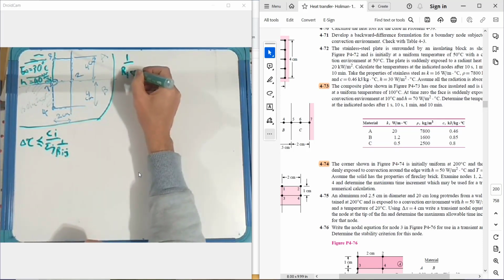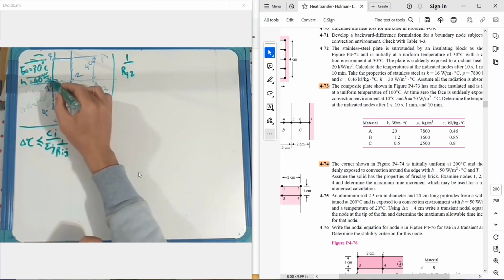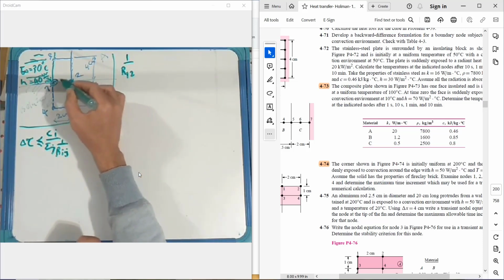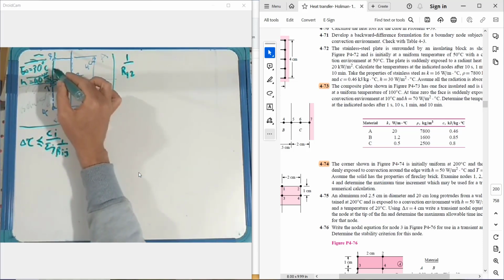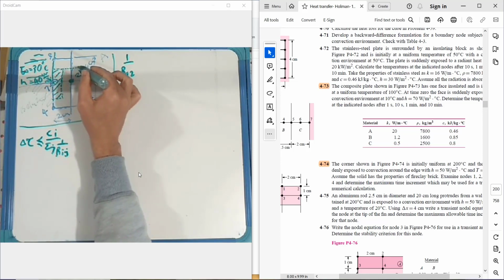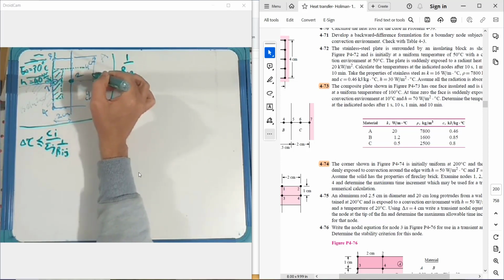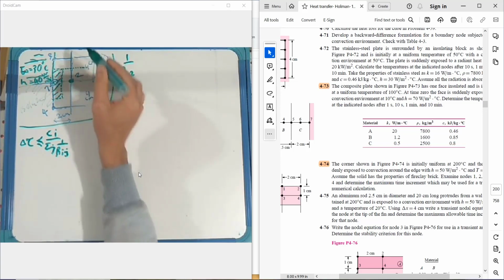1 over R_1-2. It means the resistance R is the resistance from point 1 to point 2. But first, let me divide these elements. For point 1, we have an element like this. This is 4.1. For point 3, what do we have here? I don't know what the next point is, so we don't need it.